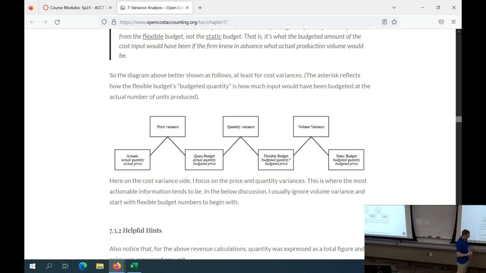Direct labor. Let's say this is the amount of direct labor cost we thought back in the static budget, when we made that static budget in September of last year or something. That's based on our standards of, well, we're expecting this number of finished goods.